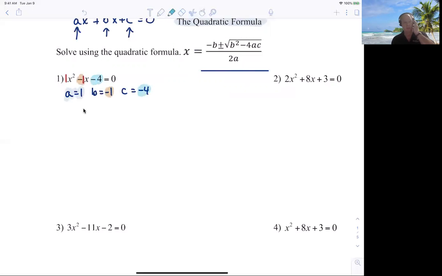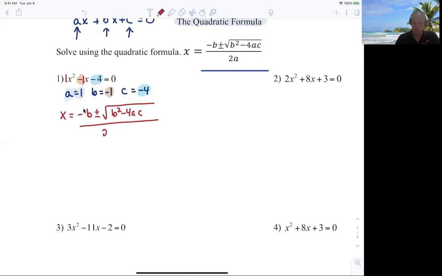Now, all you have to do is understand that, and once you understand that, it's just a matter of plugging the numbers into the equation. So I'm going to write it down. Everybody should write it down, and then eventually you'll just recognize it, or be able to recite it: x equals -b plus or minus the square root of b squared minus 4ac, all over 2a.